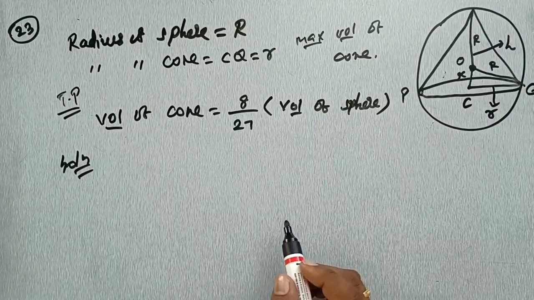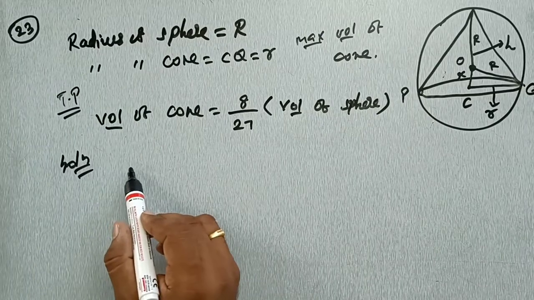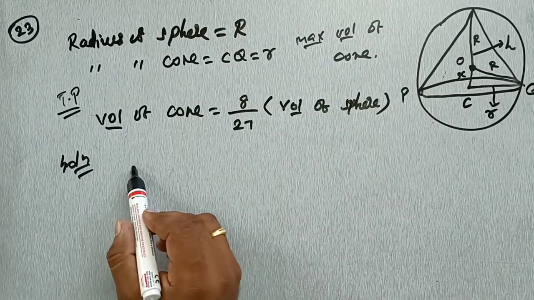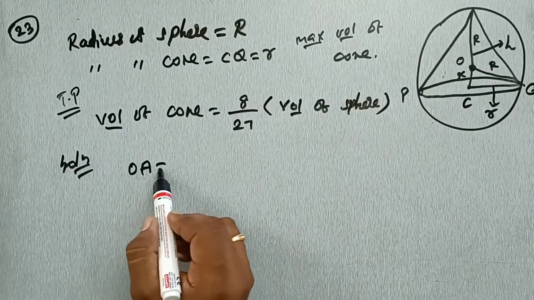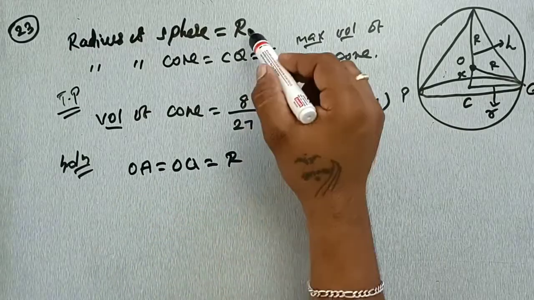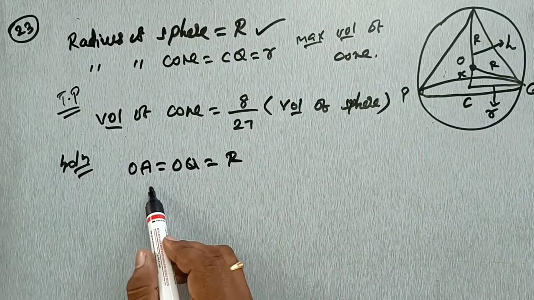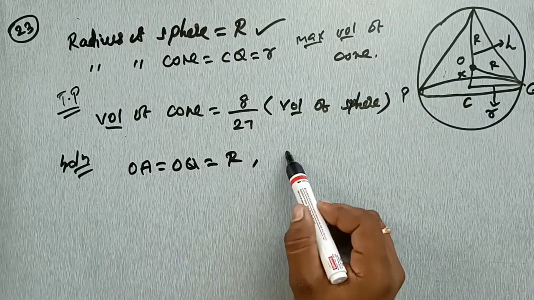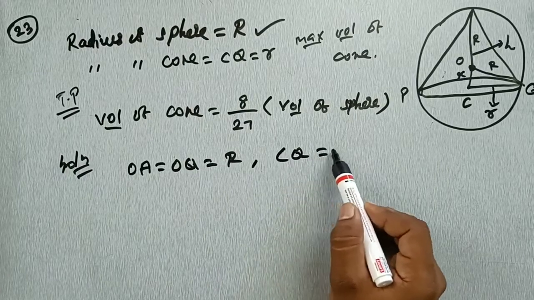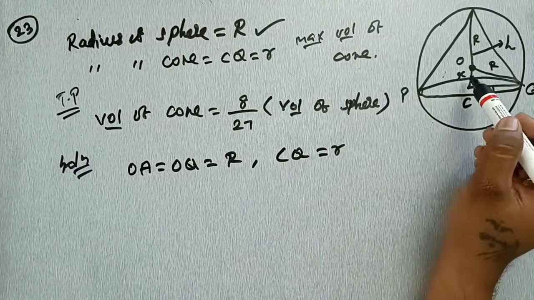Before finding the volume of the cone, we write the dimensions. OQ equals capital R, the radius of the sphere. The radius of the cone, CQ, equals small r, and I don't know the value of this length OC.